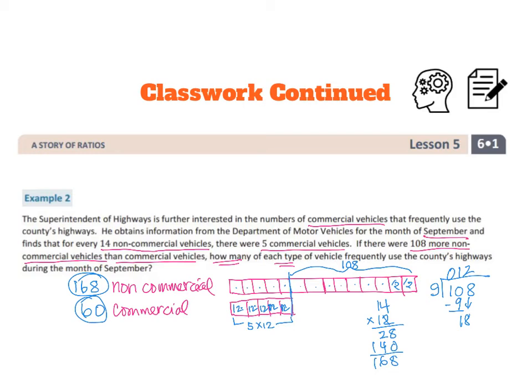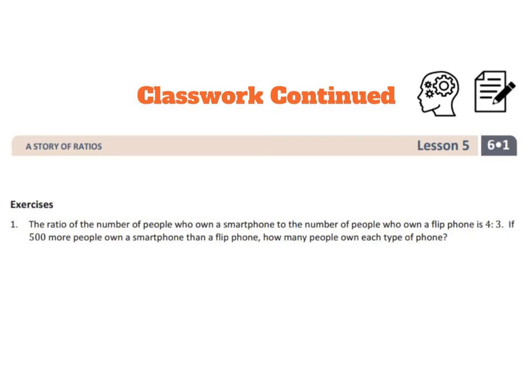If this is 108, I know that this part is the 60. I could have just done subtraction too. This is 60. Okay. Again, it looks messy, but you know what? That's my thinking. So we're good to go on that one.